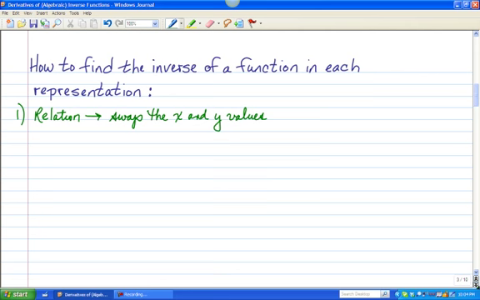So in the example I had provided to you, the inverse of that given function would have been (3, 5), (3, 2), and (0, -1).